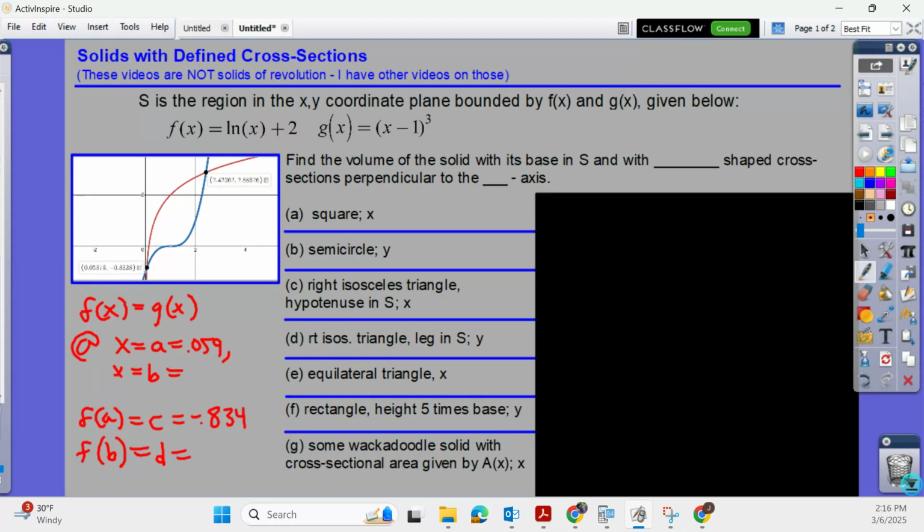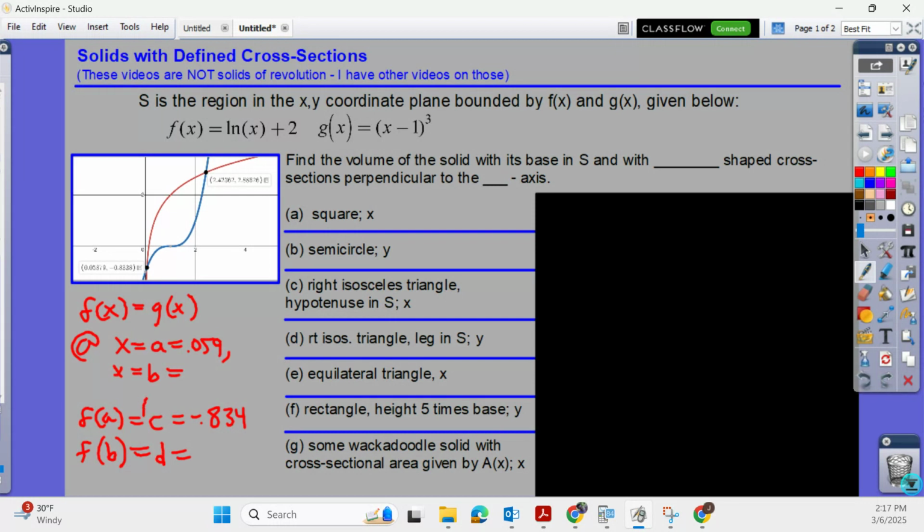And now what I'll have are limits I can use. I can use a and b for any integrals that need x value limits, we'll talk about that as we're doing this.